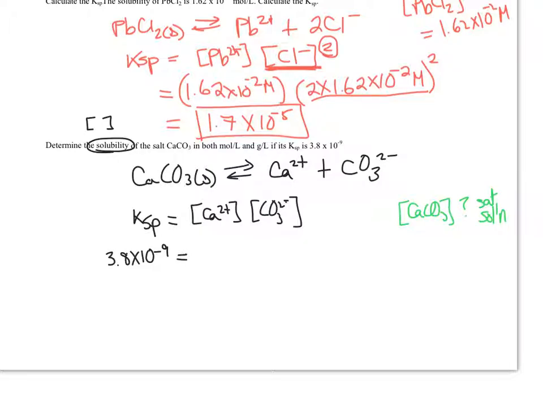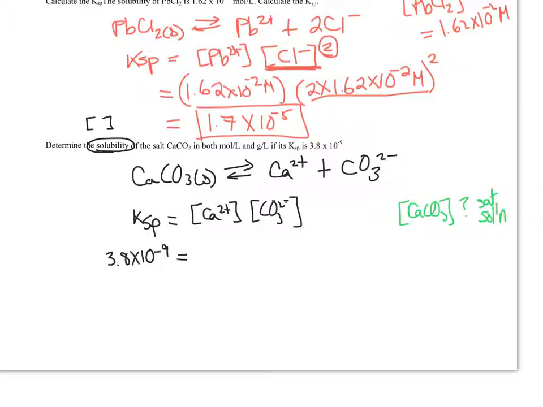That's kind of a valuable question because sometimes, like when we're prepping labs, the directions tell us make a saturated solution of this. Well, how do I do that? One of two ways. You could either just keep adding and dissolving until it no longer can dissolve, or the other way is, if you look up your KSP, you can figure out what concentration that should be, and that's a lot easier or less time consuming.